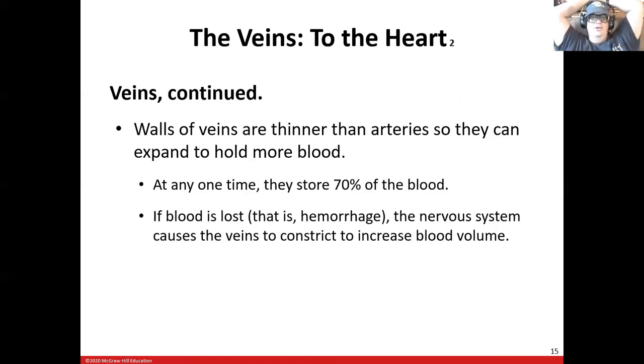So the walls of veins are thinner than arteries. We already talked about that. 70% of your blood is in the venous system. And if we are bleeding out, the nervous system is going to try to get them to constrict, vasoconstrict, to reduce the drop in pressure.